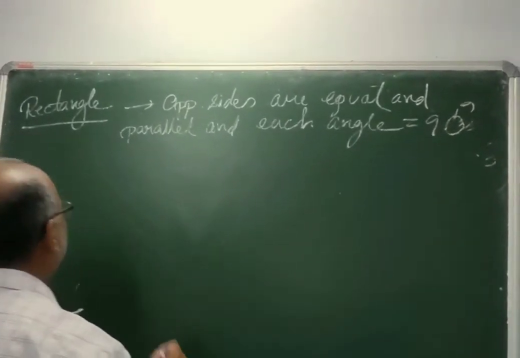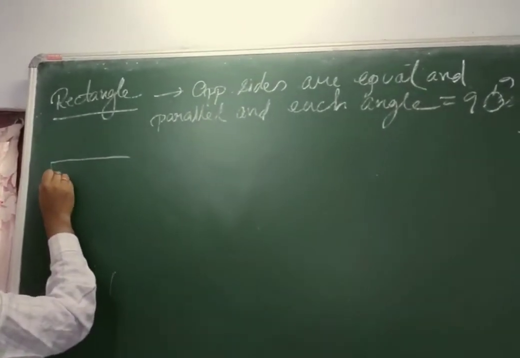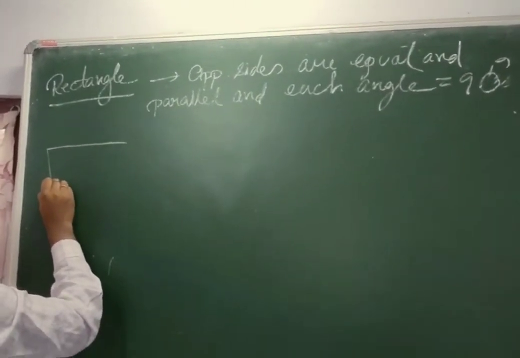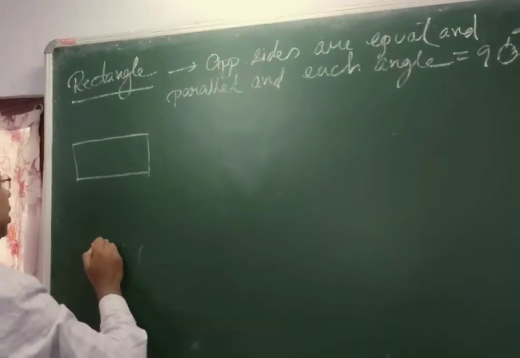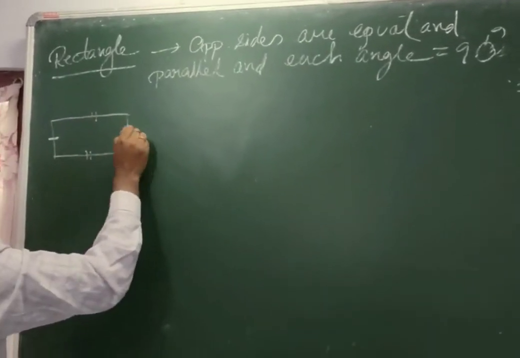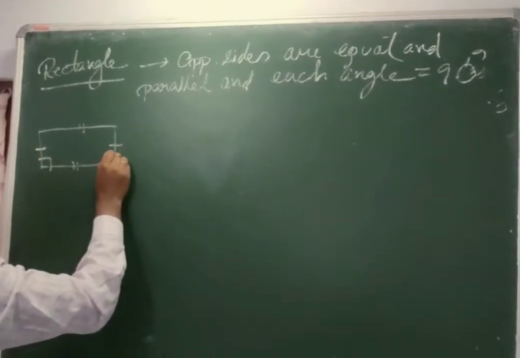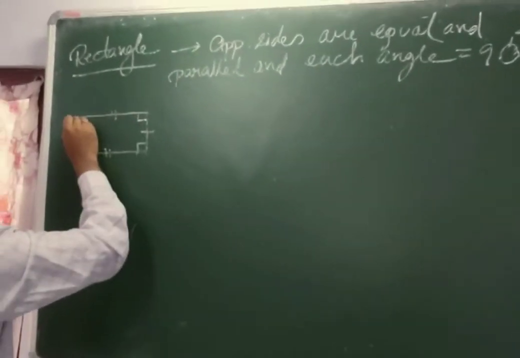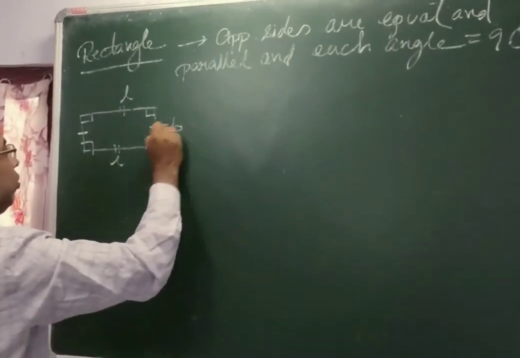That means roughly we draw a rectangle like this, where you can see opposite sides are equal, these two and these two, and parallel as well. This is 90, this is also 90, this is also 90. These two we consider as length and these two we consider as breadth.